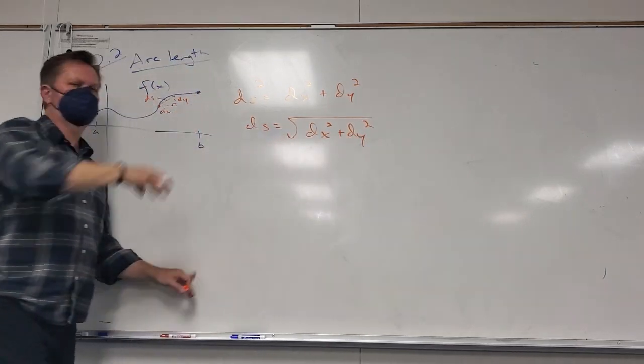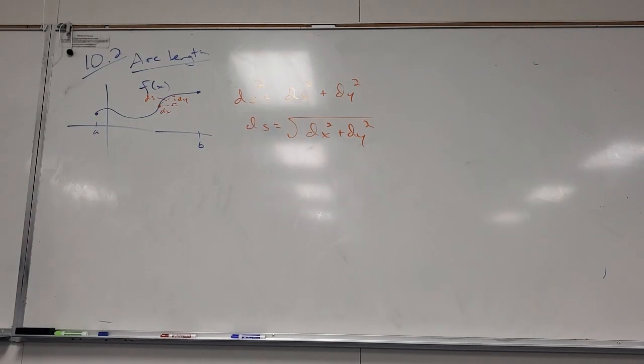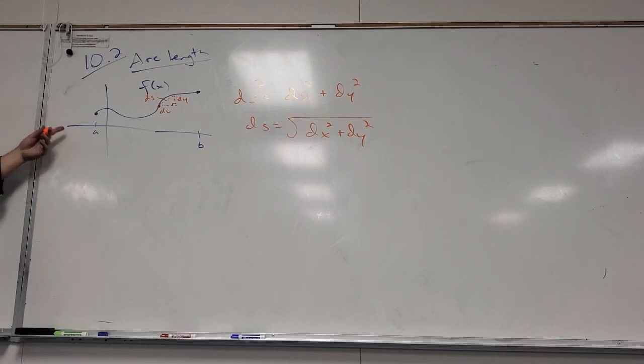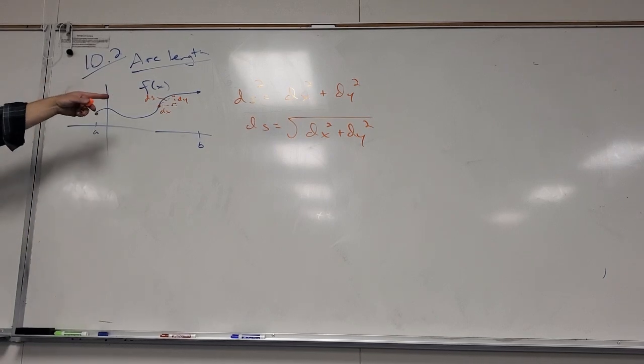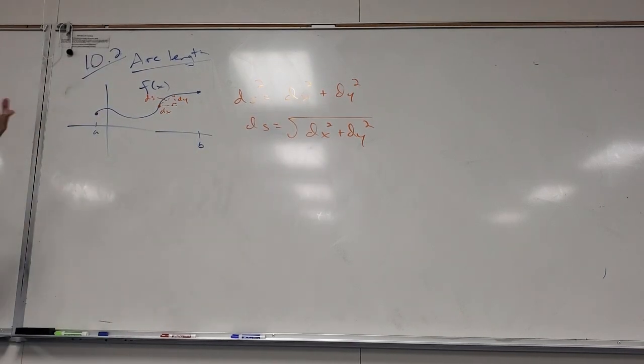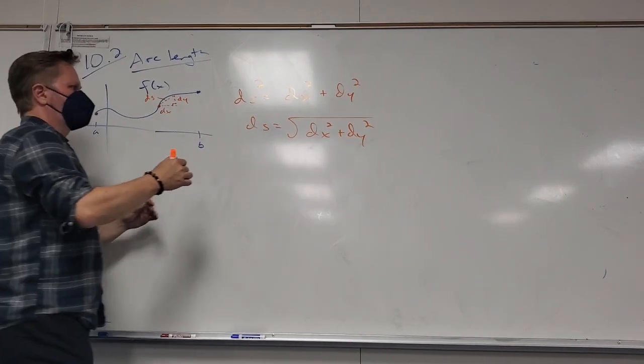We're assuming that arc length is positive, so I choose the positive root. Nothing crazy yet, right? That's nice. I could do that with my Math 90 students, even though they don't know what d is. It doesn't matter, it's just the Pythagorean theorem.